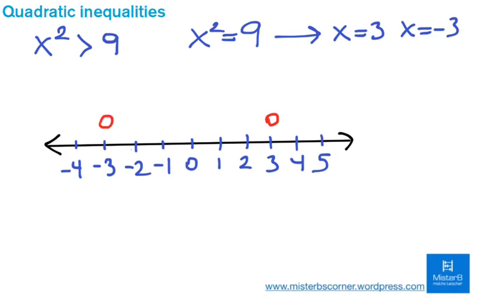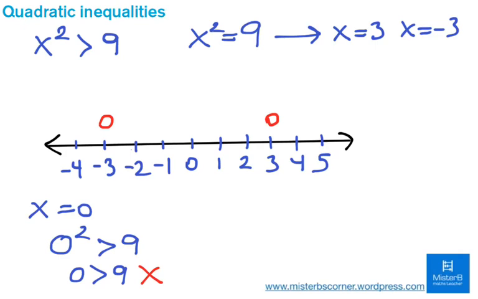Now, if I try for x equals 0, for example, I write 0 into the inequality, so it's 0 squared greater than 9. Well, I end up with 0 greater than 9, which is not correct. So actually, this region, right, between the borders, does not satisfy the inequality, because I just chose 0 from this region, and it didn't satisfy the inequality.